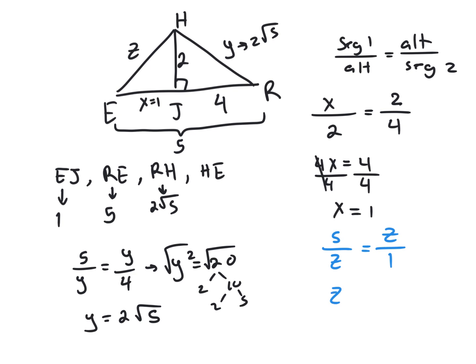I'm going to cross simplify and get Z squared equals 5. I'm going to take the square root on both sides, and I get that Z is equal to the square root of 5. We can't simplify it anymore, so that would be our answer, root 5.